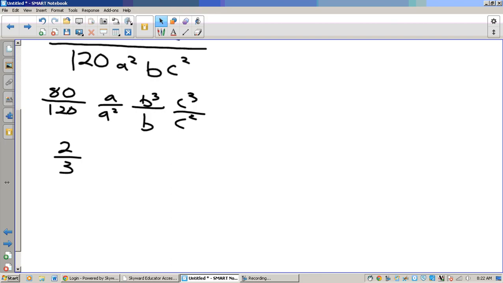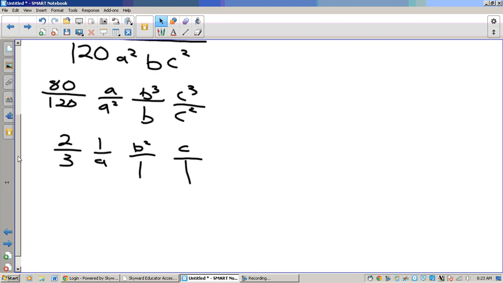Perfect. Because there's 2 down here and 1 up there. It's just 1 over a. Excellent. How do I simplify b cubed over b? b squared over 1. And then c cubed over c squared. c over 1. Good.